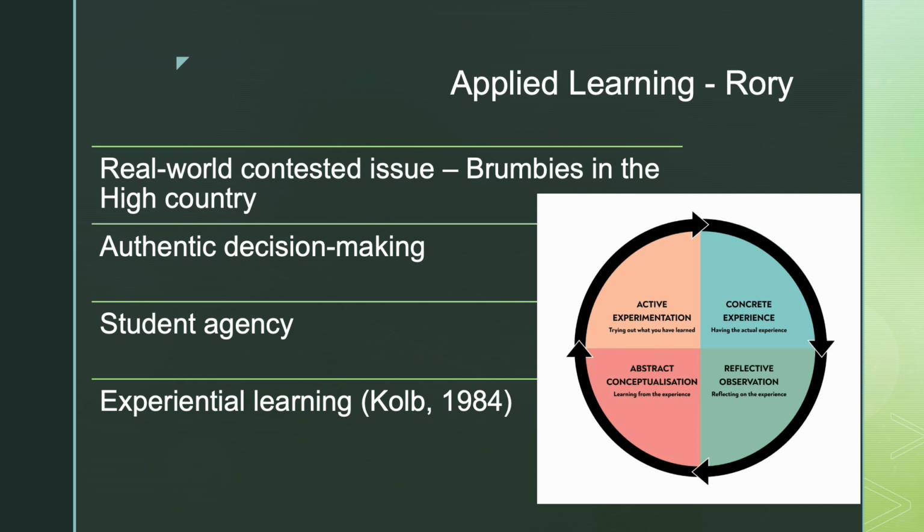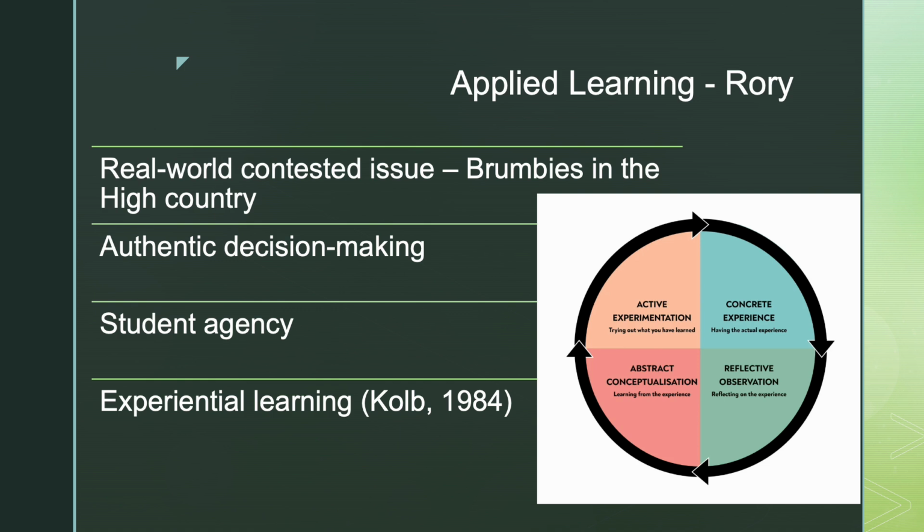Now, what else is great about this lesson is it's aligned really well to David Kolb's experiential learning cycle. So at first, they have that concrete experience of analysing the case studies and getting an understanding of what it all means.